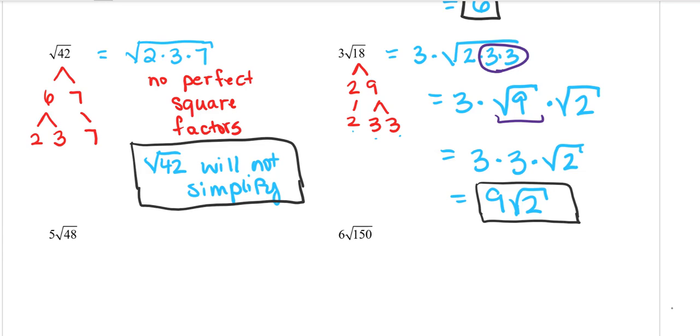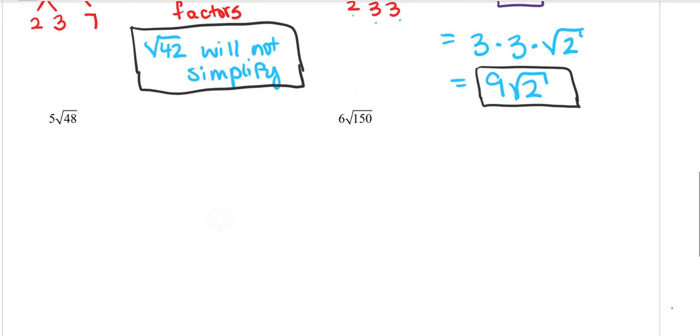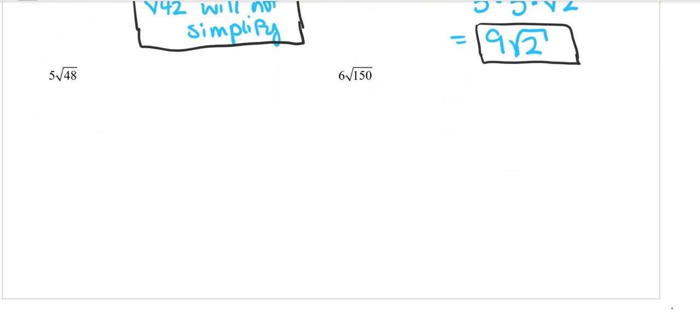Alright, so last two there. Continue on. This is an incredibly important concept, so we want to make sure we have it down. This time we have 5 times the square root of 48. So 48, I can break that down into 6 times 8. And then 6 will break down into 2 times 3. 8 will break down into 2 times 4. But I can keep going.